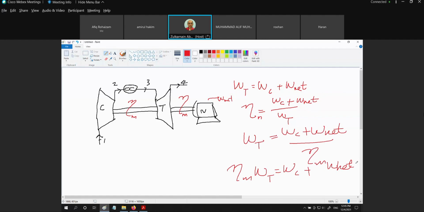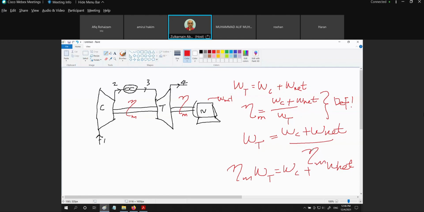Always look at the definition of efficiency: the desired output, which is both the work of the compressor and the W net, divided by the required input, which is the work for the turbine.